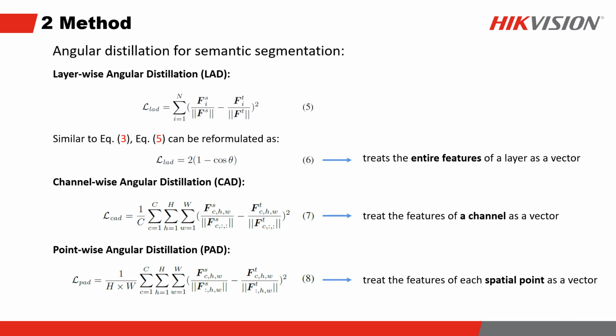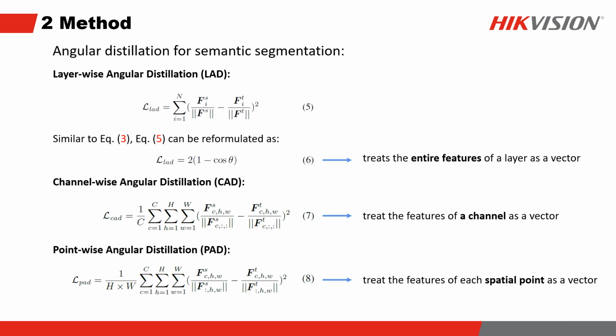The feature used for distillation in semantic segmentation is a fine-grained tensor that contains both spatial and channel dimensions. The features of different dimensions usually carry different information. Therefore, we argue that it is necessary to take the dimension of the feature into account, so we can also treat the features of a channel as a vector and minimize the angular difference between features of the same channel from the teacher and the student.